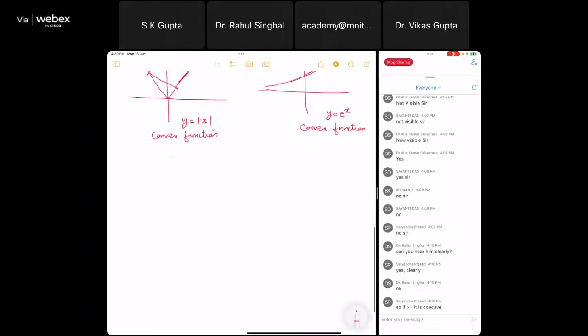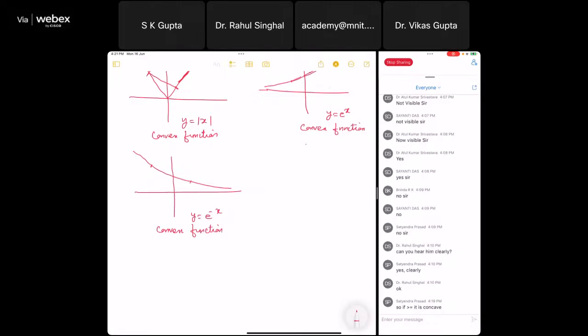Now suppose you take y equal to e raised to power minus x. The graph is something like this. Again, you take any two points on the graph, draw the chord, it lies above the curve. So this function is also a convex function.